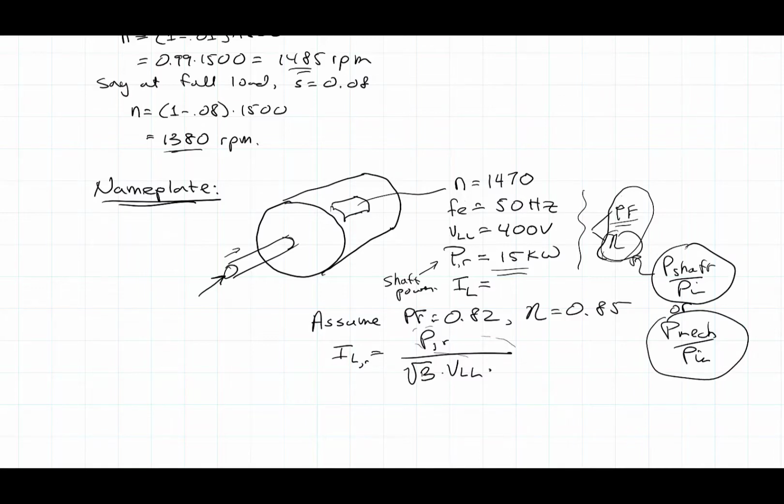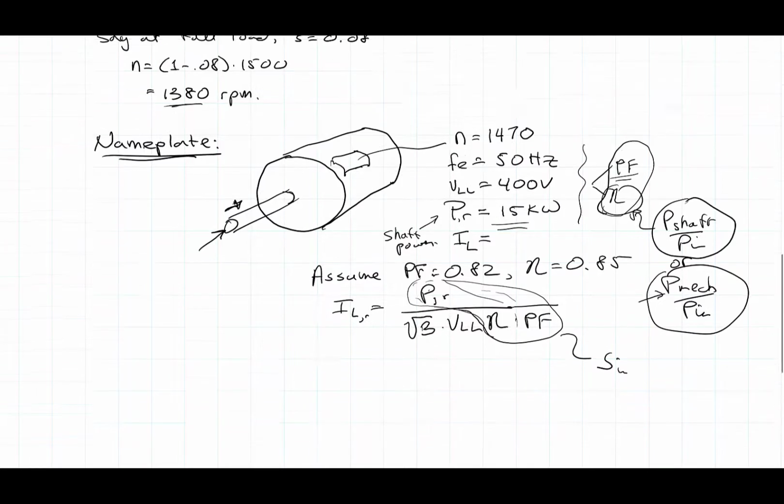I always assume it's P shaft because it gives a little bit of conservativeness, but a lot of times it's really just the P mechanical. So you'd take this power divided by that efficiency, and then to get to the volt amperes, the S, you'd divide by the power factor. That would be the input volt amperes.